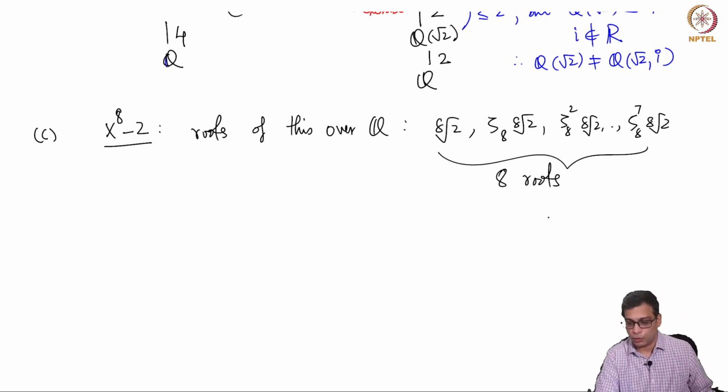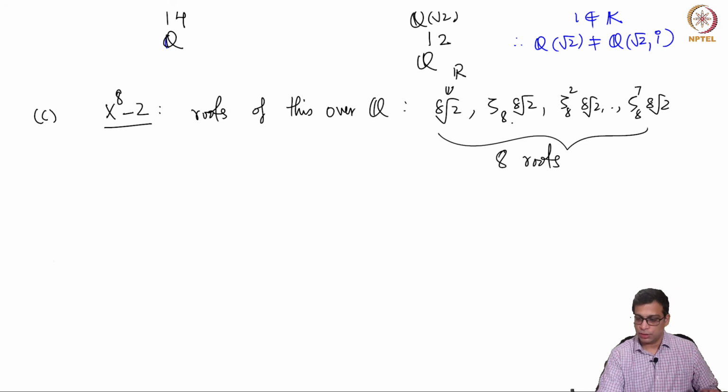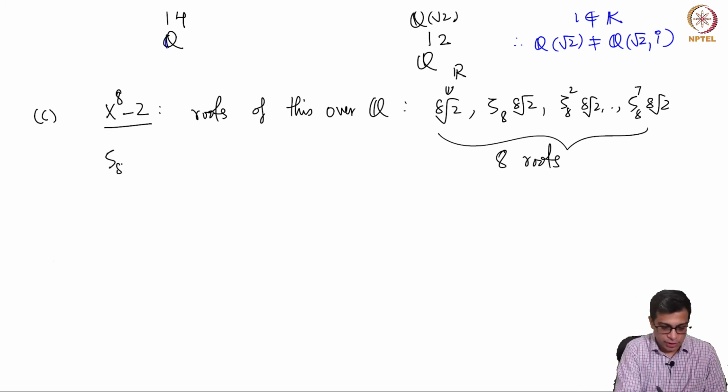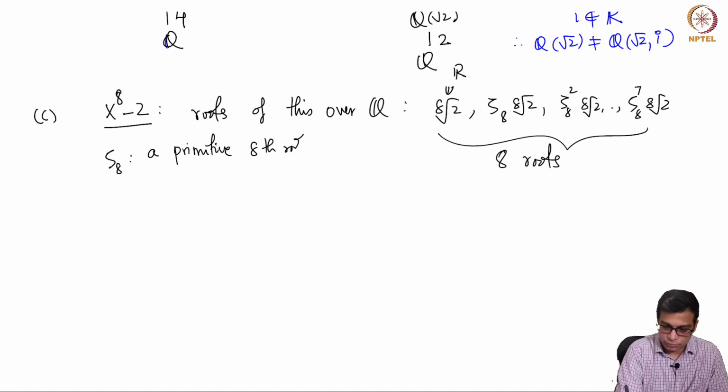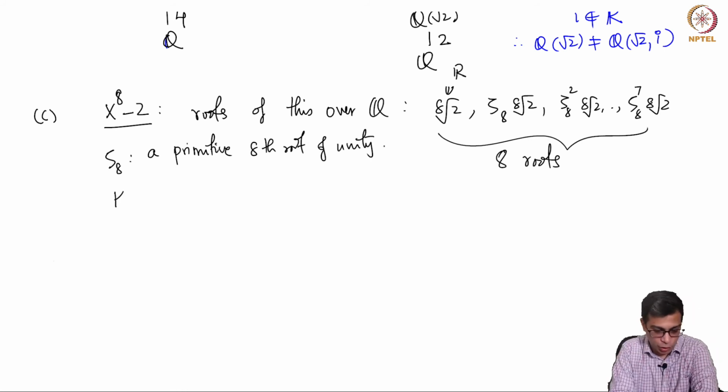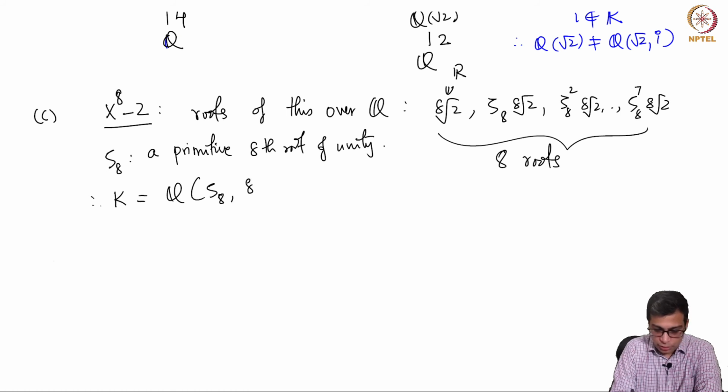You have the 8th root of 2, which is a real number, and then you take zeta times the 8th root of 2, whose 8th power is also 2. Okay, so this is clear, right? My notation is always that zeta 8 is a primitive 8th root of unity. So again, as before, K must be equal to Q zeta 8, 8th root of 2.